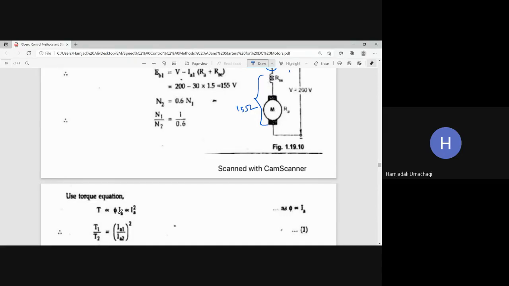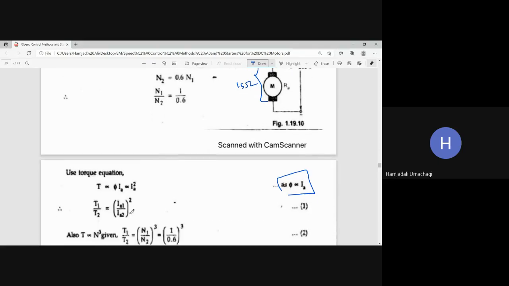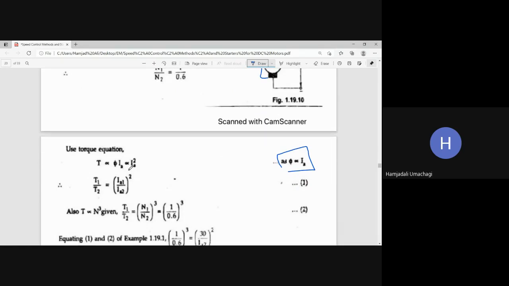Then I can write torque is directly proportional to Ia squared, because flux is directly proportional to Ia. So in place of flux phi, we replace it by Ia, and torque becomes directly proportional to Ia squared.